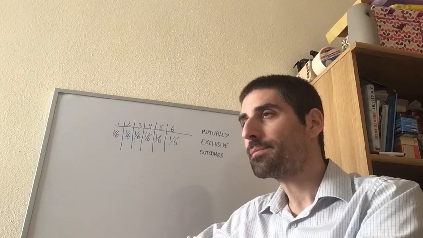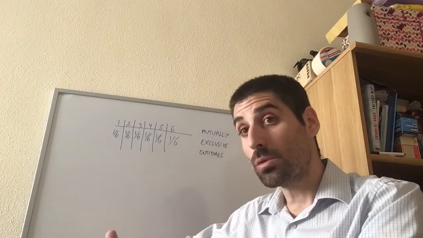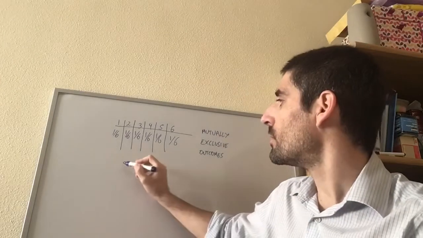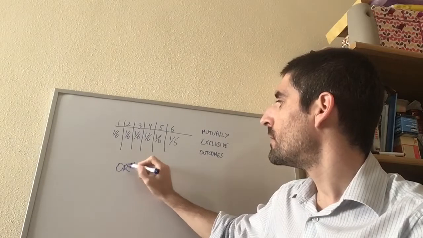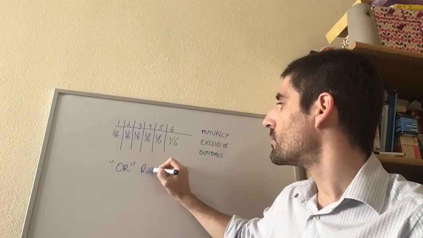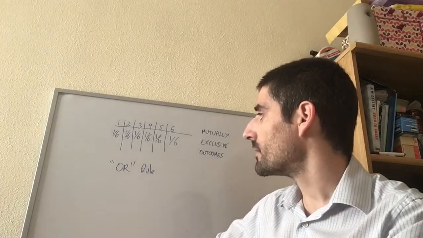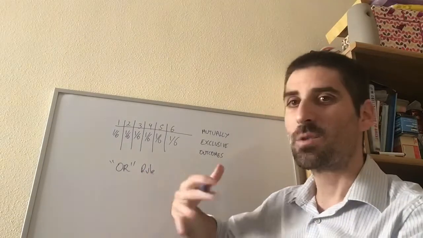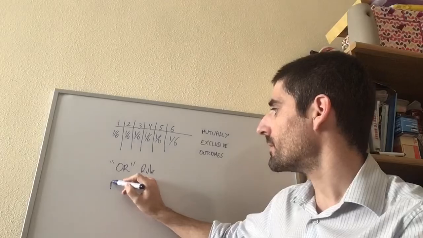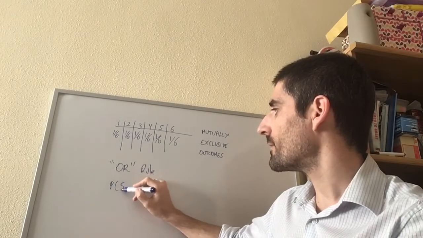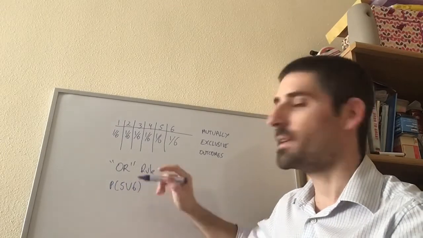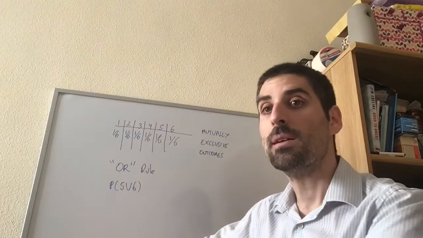Now, the OR rule of probability. So this is quite intuitive. You can get it. What's the probability of rolling a 5 or a 6? In this case, we're using the union.